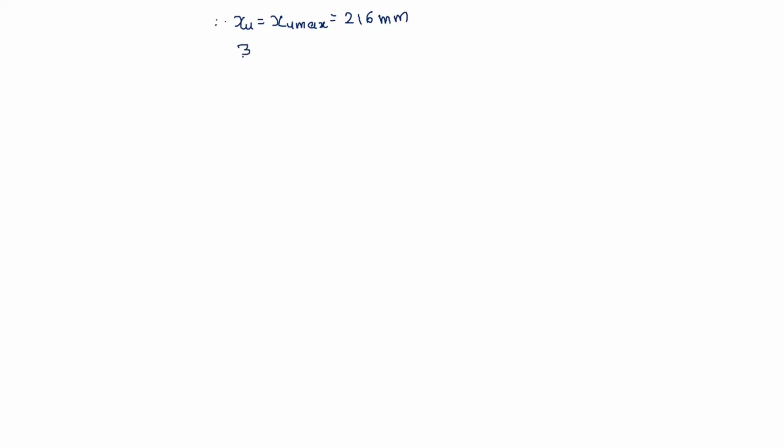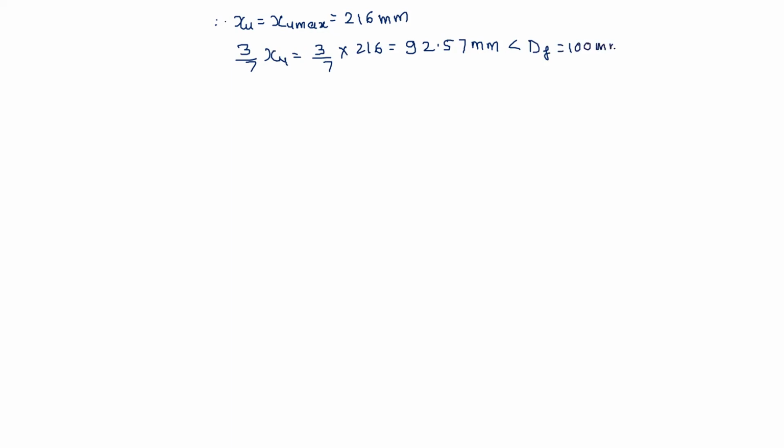And now we have to find 3/7 of XU, which is equal to 3/7 of 216, and this value is 92.57, which is less than DF, that is 100.